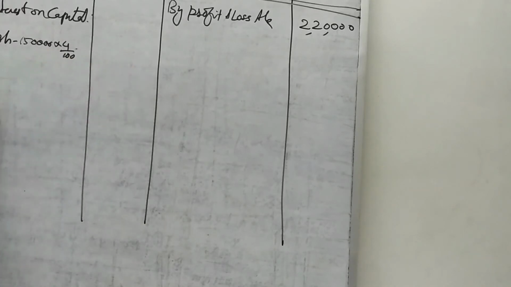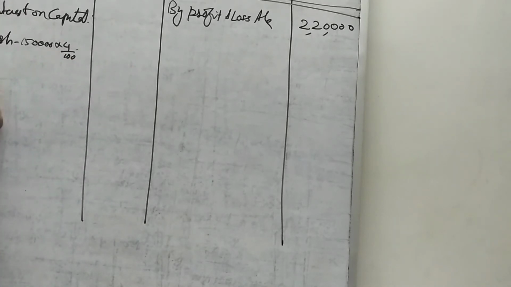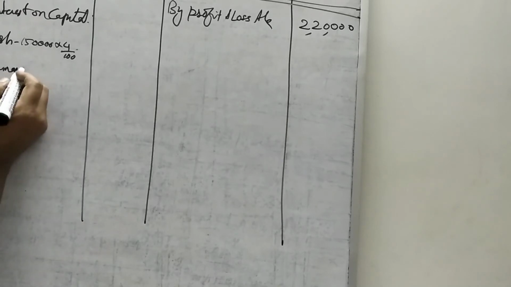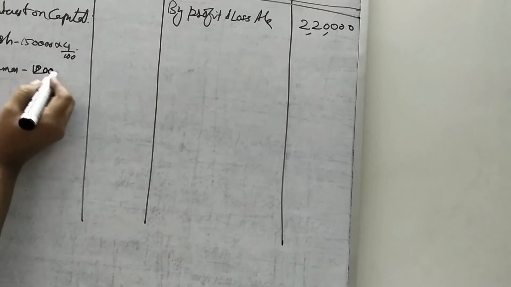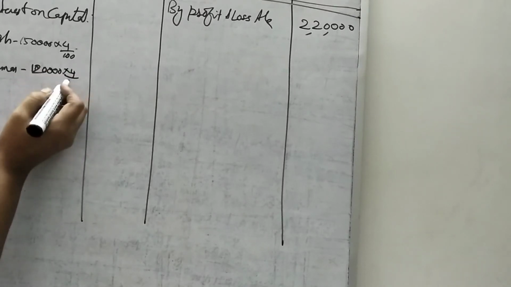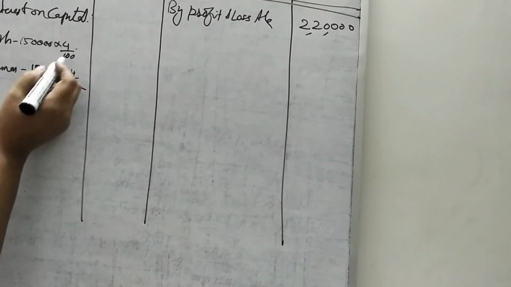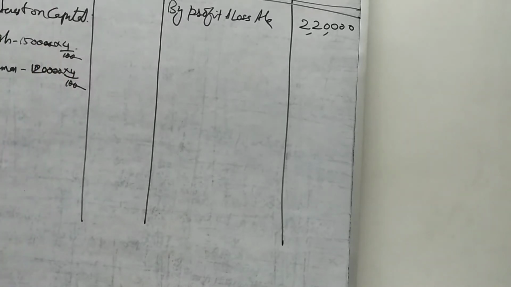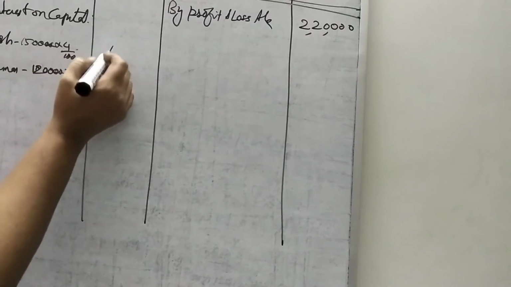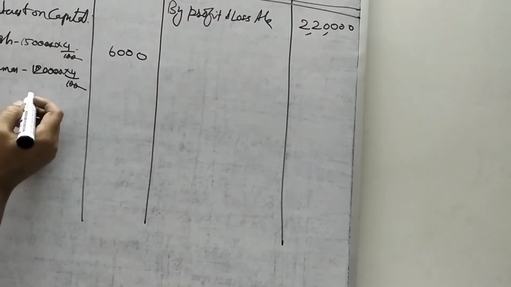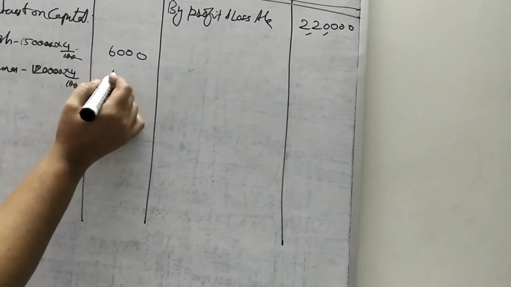Right. Then the next one, who is Sukumar? His capital is 1,20,000 into 4 by 100. For Dinesh it is 6,000; for him it will come to 4,800.